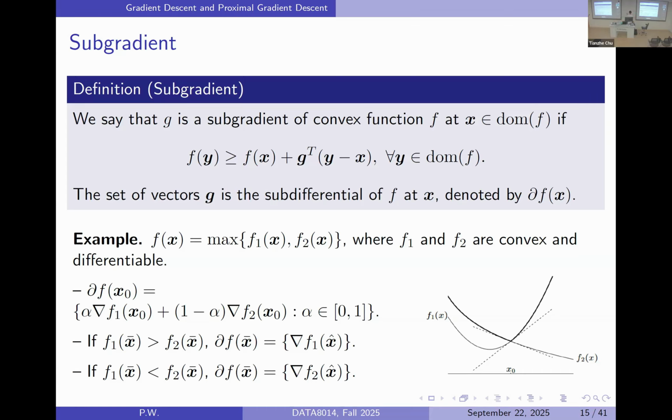But at this non-smooth point, the subgradient is a set: the convex combination of the gradient of f1 and the gradient of f2 at this point, with alpha from 0 to 1. What is the interpretation of this? Actually, that is the supporting hyperplane. Yeah, that is the subgradient.